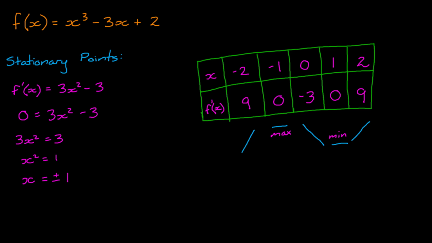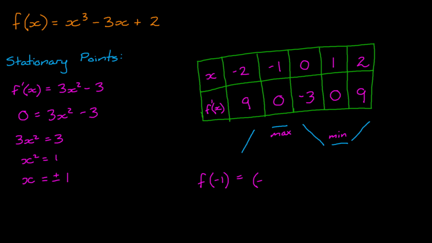All we need to do now is substitute these values into the original function to work out the points. And in fact, we already know that at x equals 1, the function evaluates at 0, as well as the derivative. And all we then need to do is work out what the function is at -1.